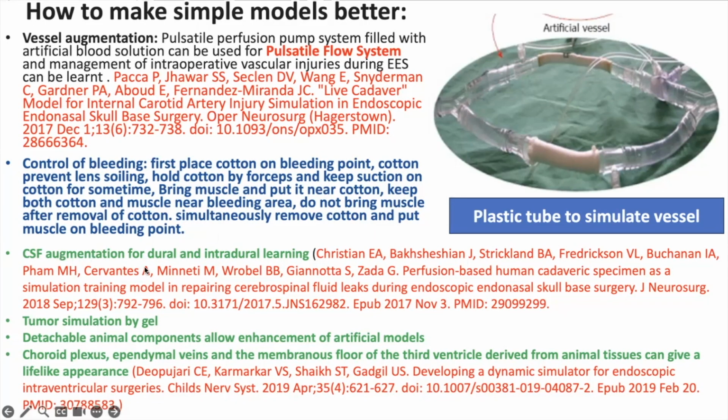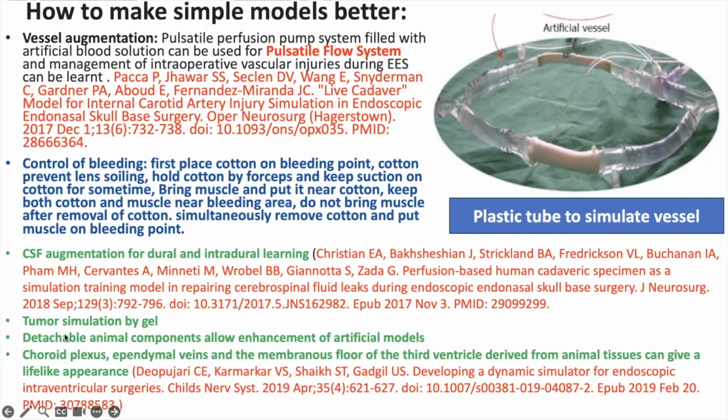The CSF augmentation for dura or intradural technique learning can also be performed. One can use perfusion in a fresh cadaver and do the spine surgery, or surgery for CSF leak for endoscopic endonasal surgery. Tumor simulation by gel can also be done.